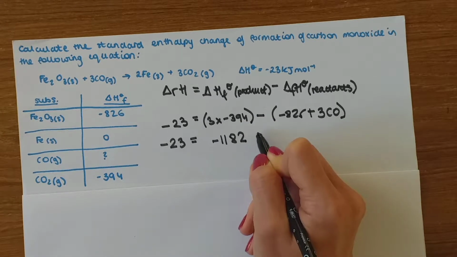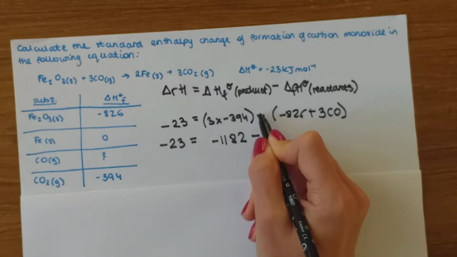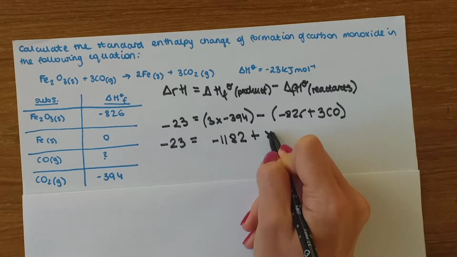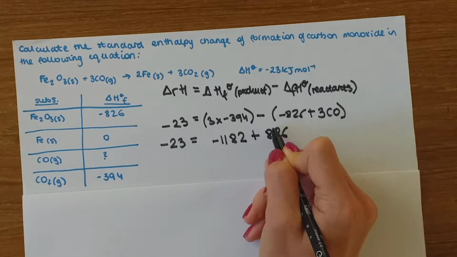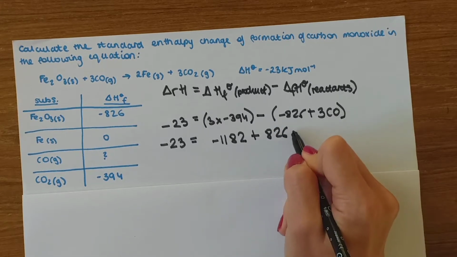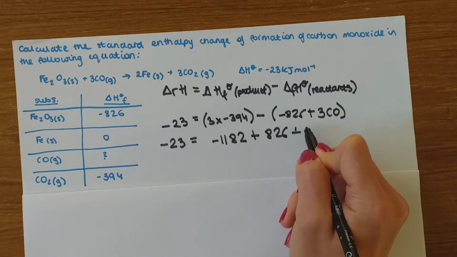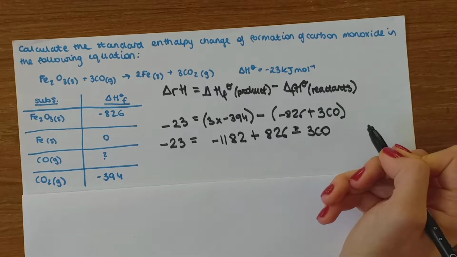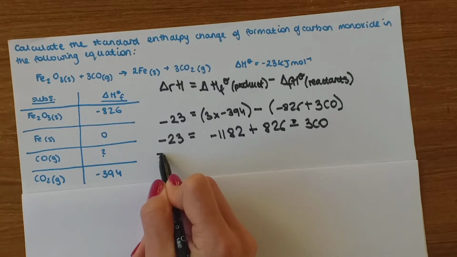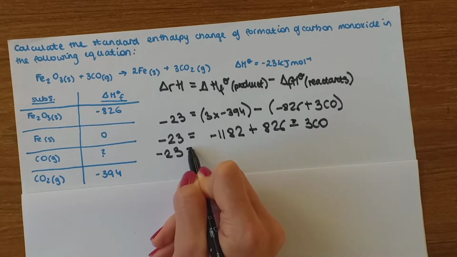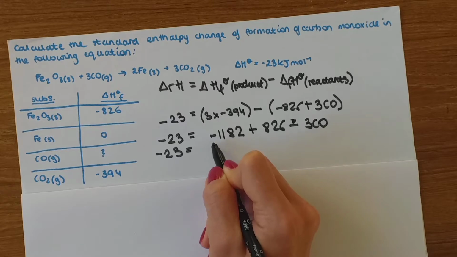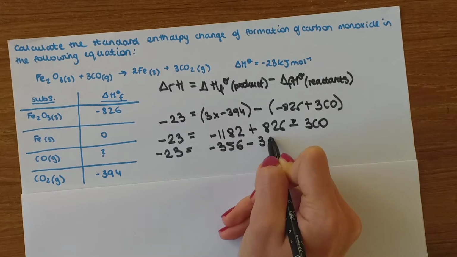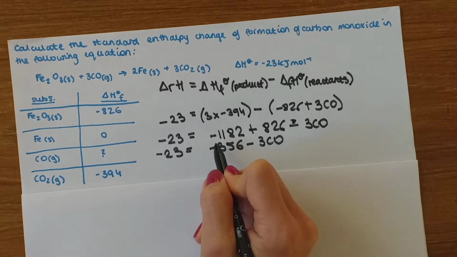So it's minus 23 equals minus 1182, and then minus and a minus 826 equals plus 826, minus and a plus 3 carbon monoxides is minus 3 carbon monoxides. Now we just combine these two numbers, which gives us minus 356 minus 3 carbon monoxides.